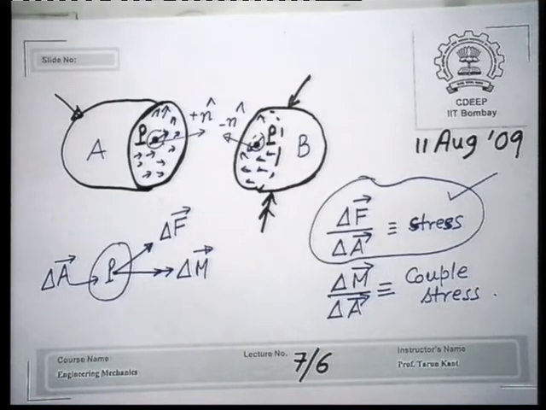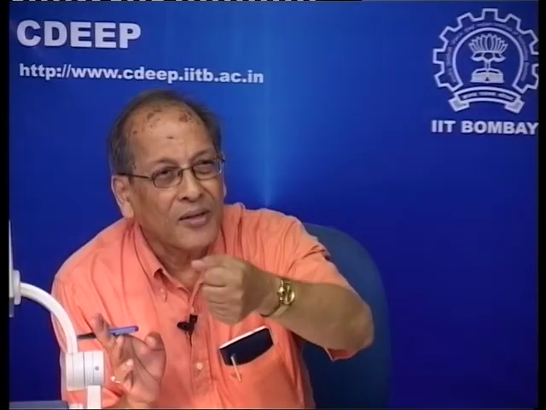Couple stresses inside the body do exist. Every particle will be subjected to some kind of couple, but that effect is not that pronounced, and most analysts neglect it. So, couple stresses they neglect, but there are situations where couple stresses are important.